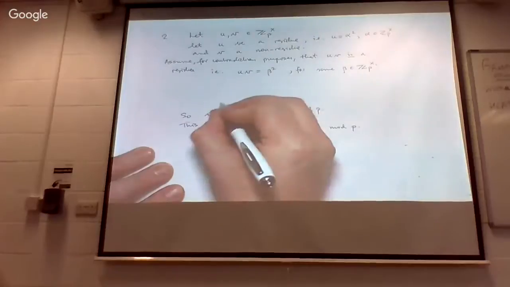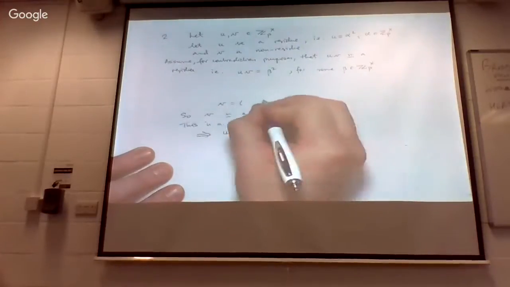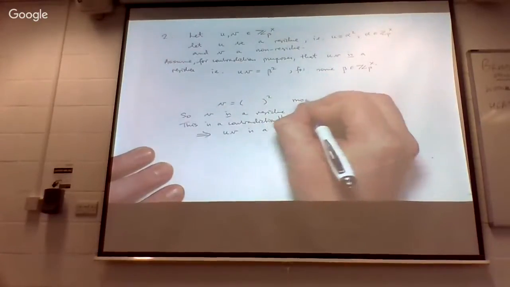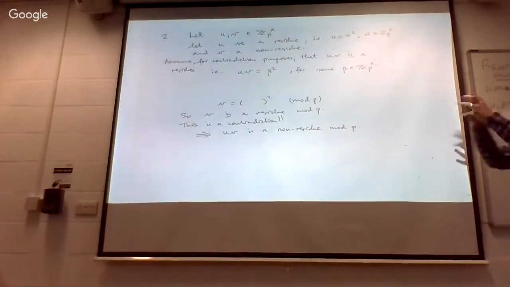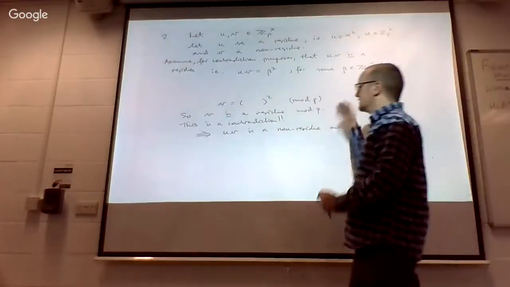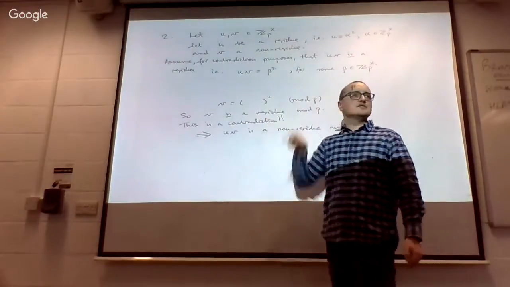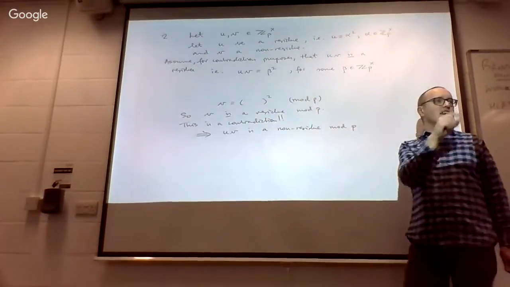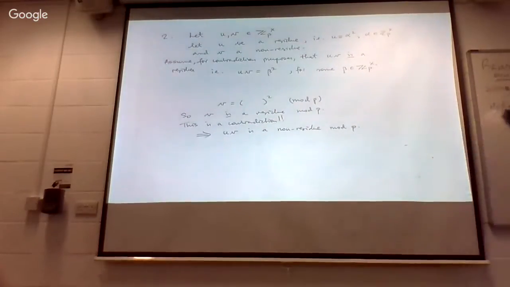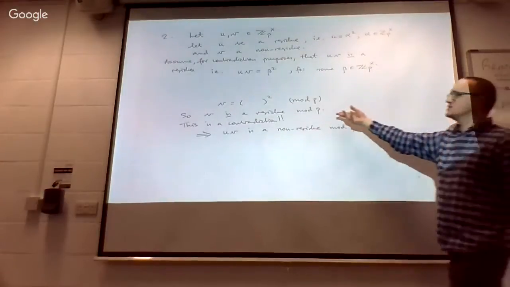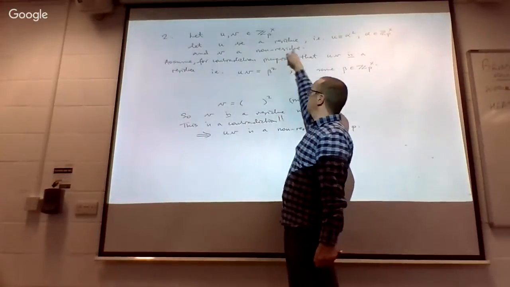The only way we can say that is if we see that V is the square of something, mod P. So this is what we have to do now. We can find an element to put in here, that when you square it, you get V. That would prove V is a residue, but that would contradict the fact that V is supposed to be a non-residue.